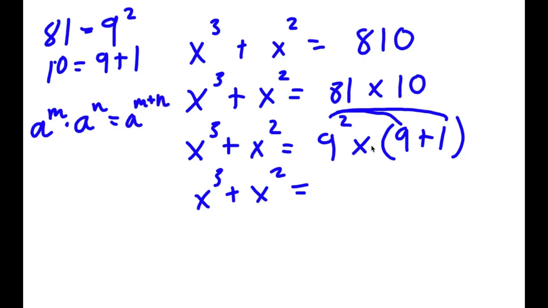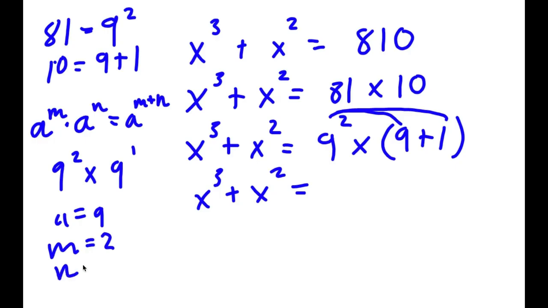So 9 to the power of 2 times 9 is the same thing as 9 to the power of 2 times 9 to the power of 1. So we can think of a as 9 in this case, m as 2, and n as 1. So we would have a to the power of m plus n, so 9 to the power of 2 plus 1, which is equal to 9 to the power of 3.